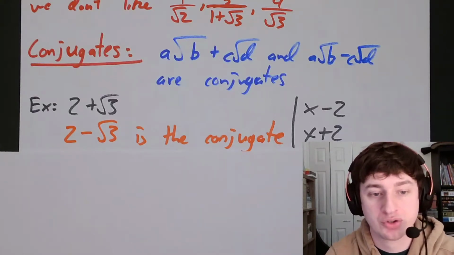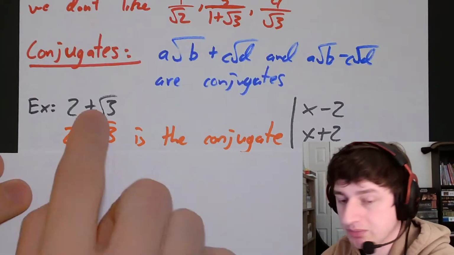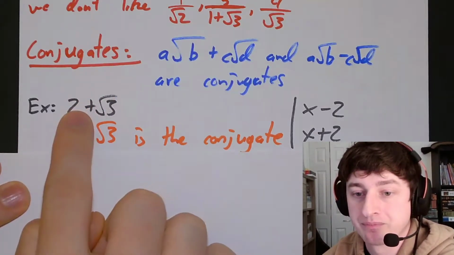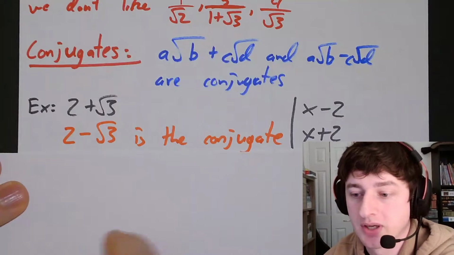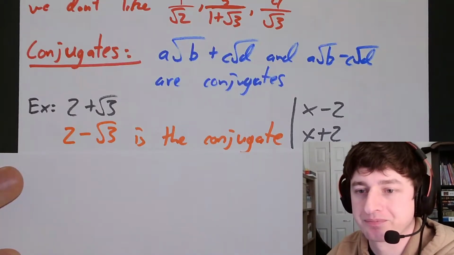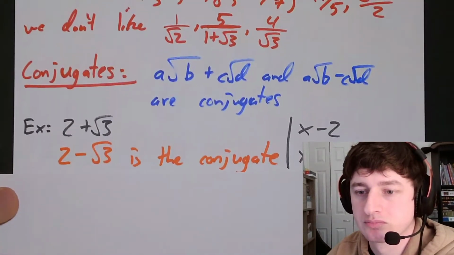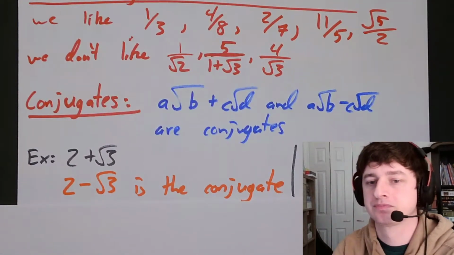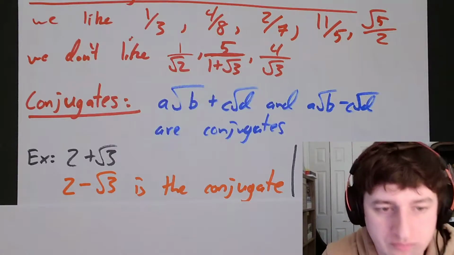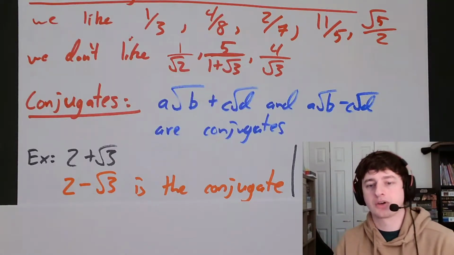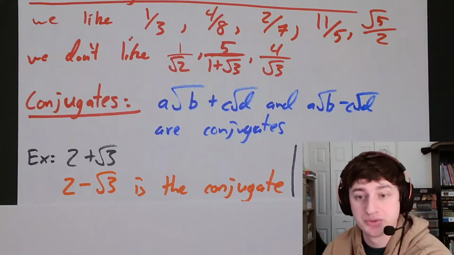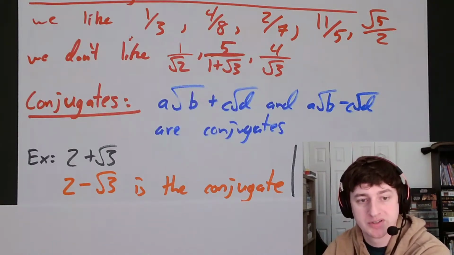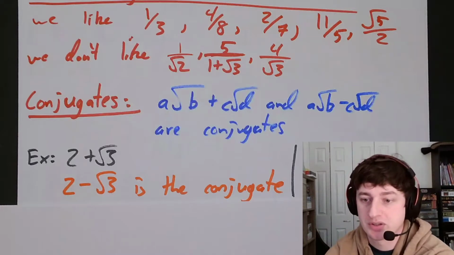Okay, so for example, 2 plus the square root of 3. This is going to be a thing we have in a denominator. The conjugate, yeah, Sarah, I can slow down. I'm sorry. The conjugate is the same values, just with a subtraction sign instead of a plus sign, or a plus sign instead of subtraction.